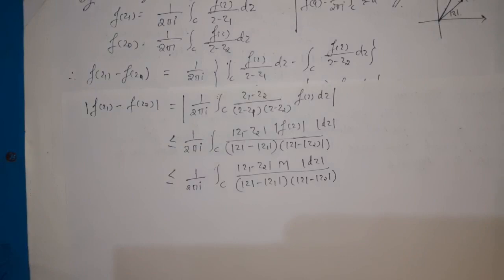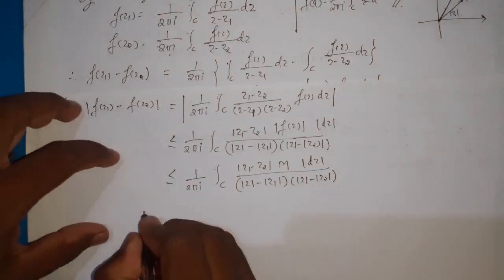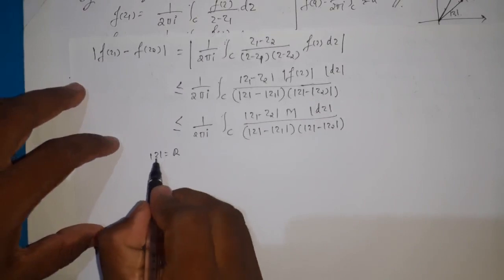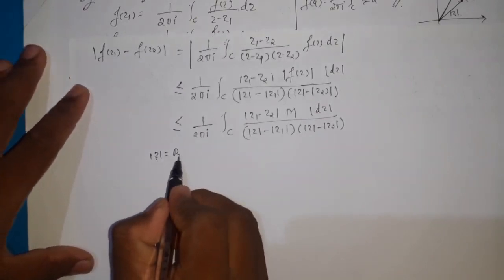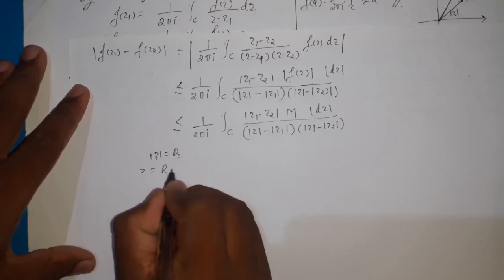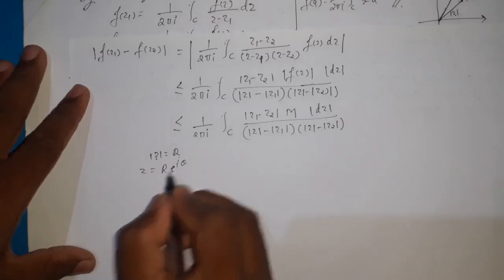So here we have considered the curve C whose center is the origin and whose radius is capital R. Therefore the equation of the curve is given by mod z equal to R, because its center is 0 comma 0 and the radius is capital R, which is given by z equal to R e power i theta.